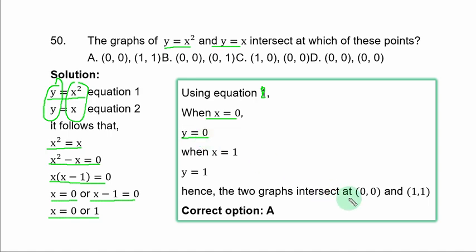So you have this one point of intersection. When s is equal to 1, you go back to equation 1. S squared, that is 1 squared, is 1. That means y is equal to 1. This is another point of intersection. So therefore, A is the correct option.